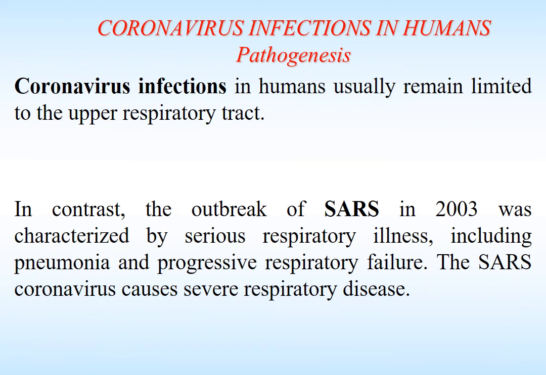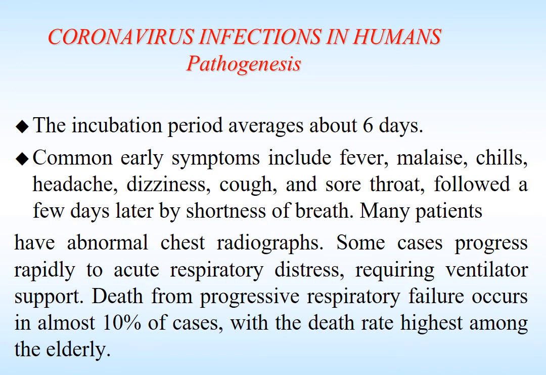Pathogenesis of coronavirus infection in humans. Coronavirus infections in humans usually remain limited to the upper respiratory tract. In contrast, the outbreak of SARS was characterized by serious respiratory illness, including pneumonia and progressive respiratory failure. The SARS coronavirus caused severe respiratory disease. The incubation period averaged about 6 days.